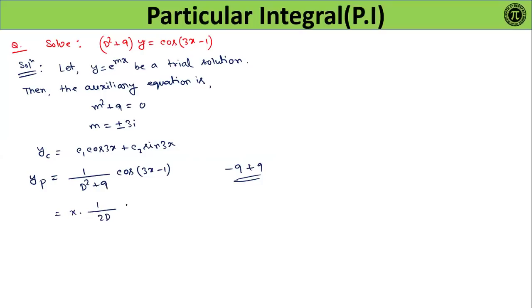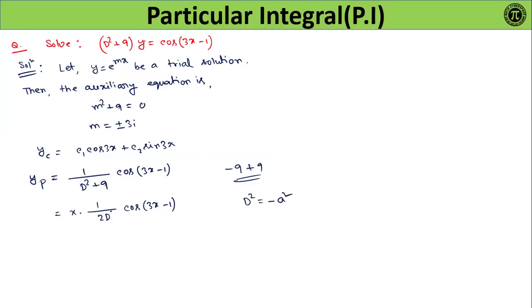This is 2D, acting on cos 3x minus 1. I have told you when the capital X is sine or cos, then in place of capital D² you have to write minus a square.